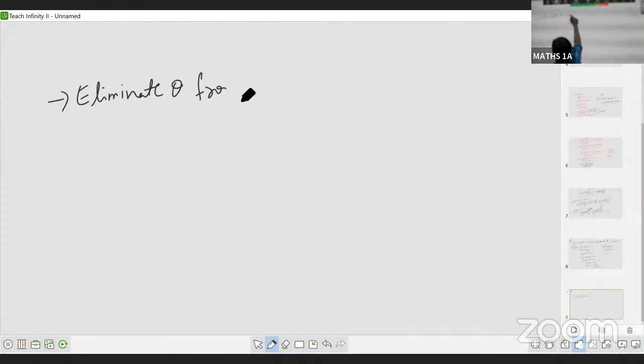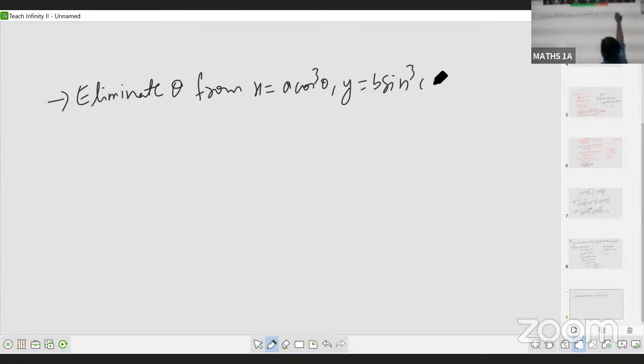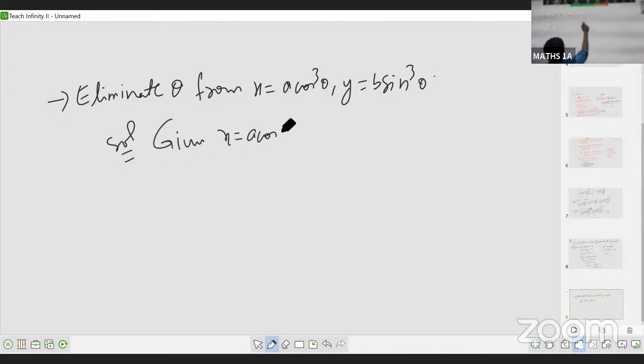From x is equal to a cos cube theta and y is equal to b sin cube theta. Correct? The solution is what he has given: x equal to a cos cube theta, y equal to b sin cube theta. Next step, bring a to the denominator.